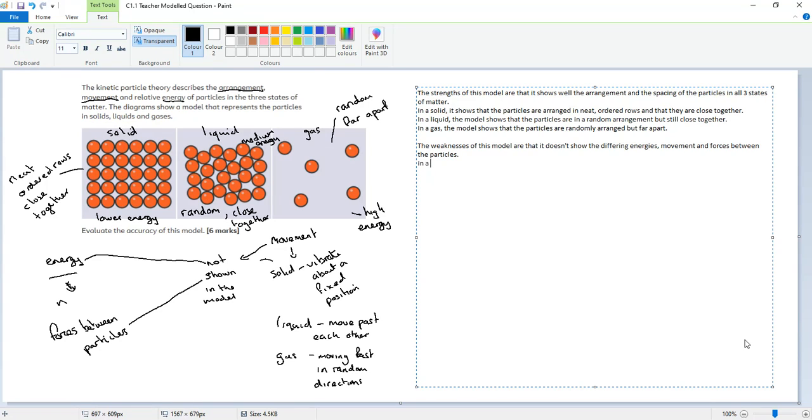So in a solid, oh, I can't get a capital letter there. So in a solid, the particles have low energy and they vibrate about a fixed position.